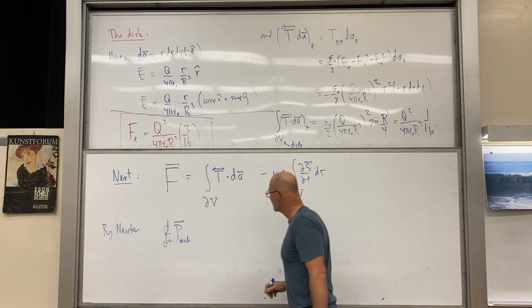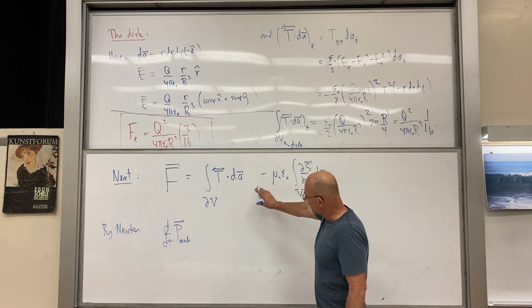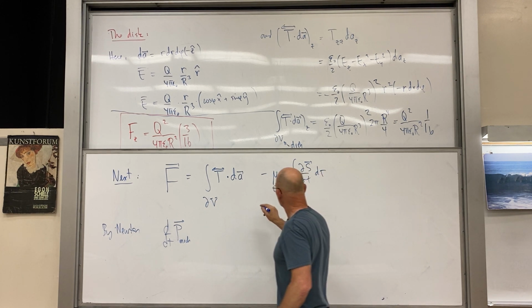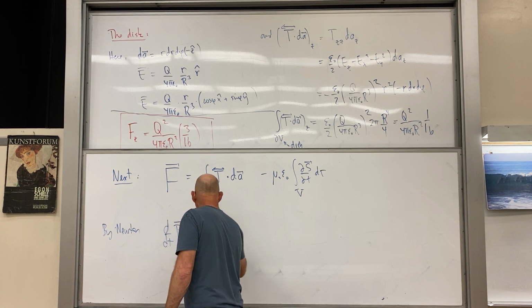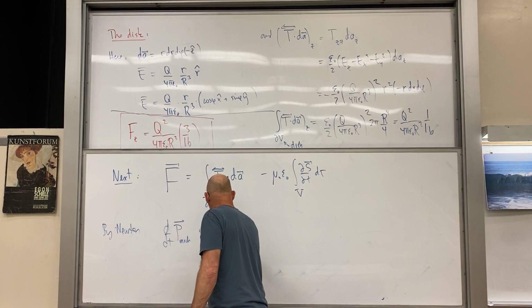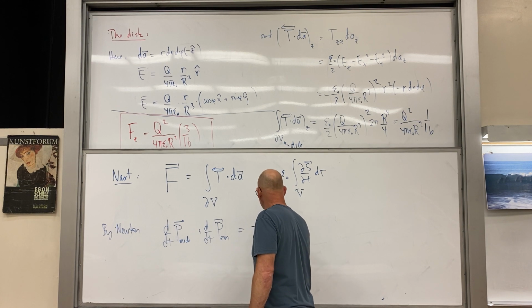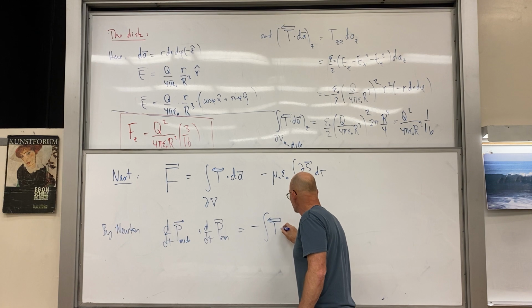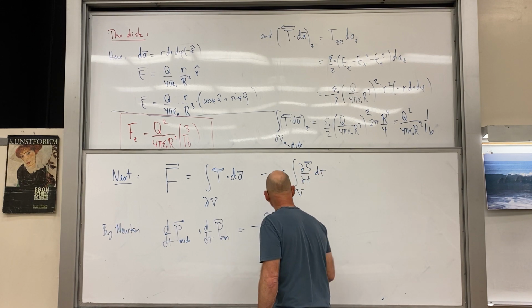That's how we got that. I'm going to bring this over to the left side and call it plus d dt p electromagnetic. And that is going to be equal to T dot d area over a volume.